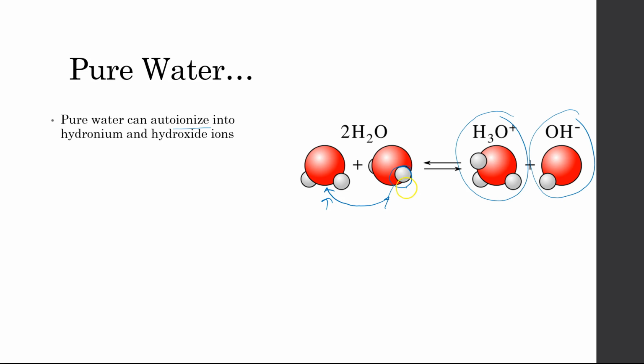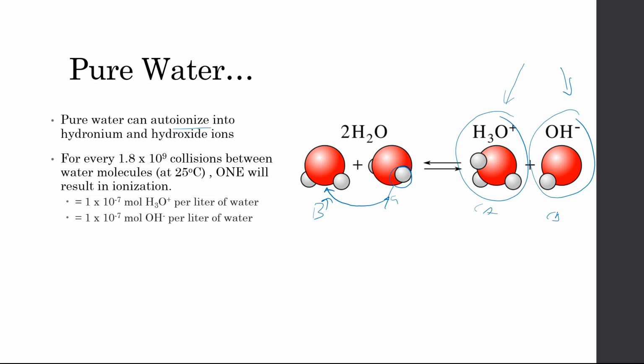We have a proton donor and proton acceptor, so this would be my acid, my base, conjugate acid, and conjugate base. But essentially, what's important to us is that we are forming hydronium and hydroxide occasionally. In fact, only 1 in every 1.8 billion collisions actually causes this to happen.